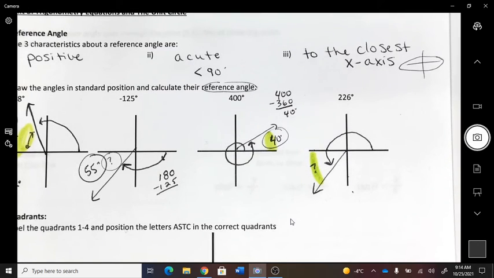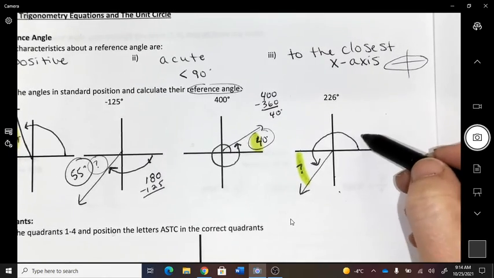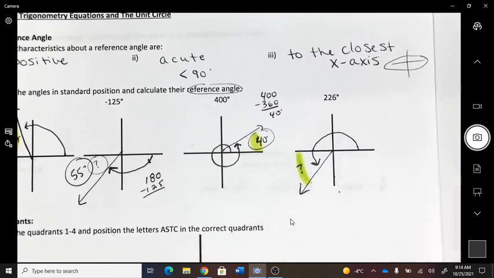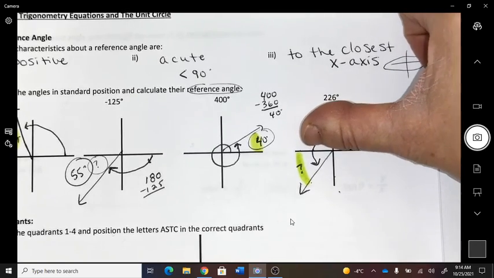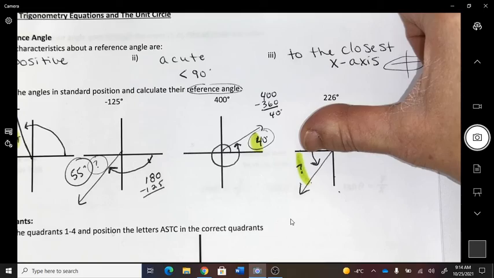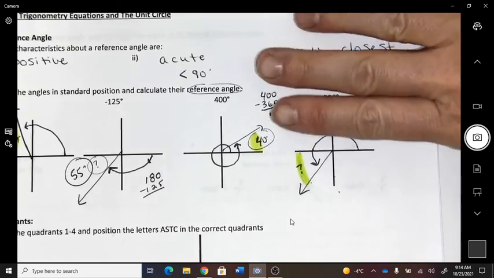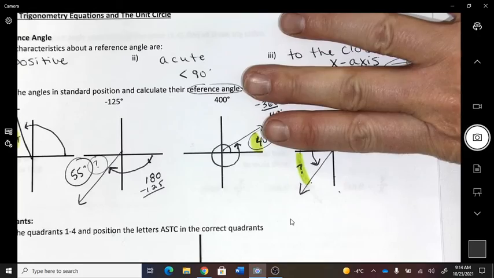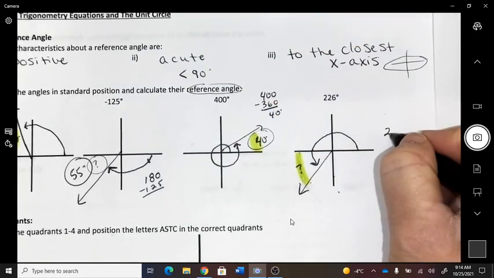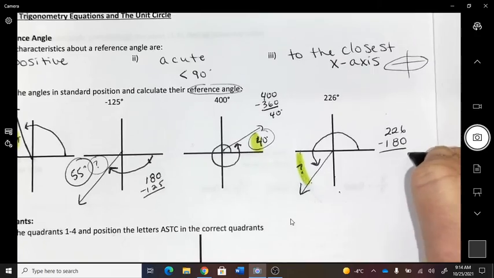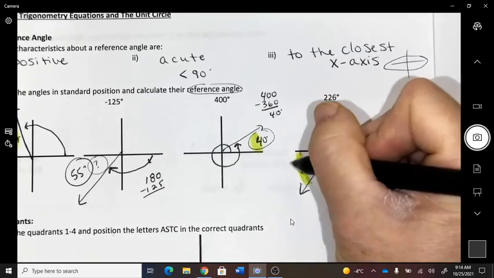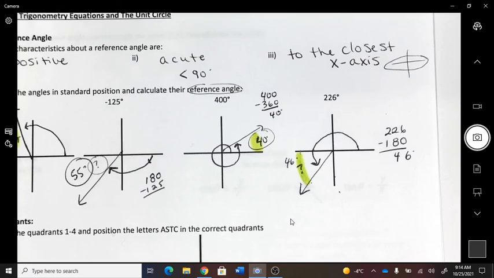So using my numbers, what will I want to do here? If I take that whole distance and subtract 180, it will leave me with what is left. You see it? The full distance, take away the 180, will leave me with that chunk. So this is what drawing angles and reference angles are.